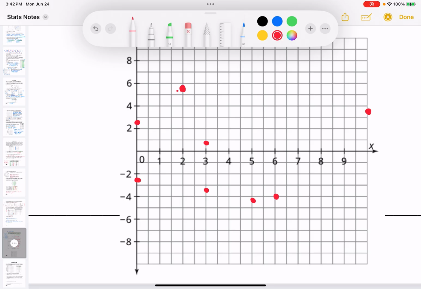And then for 1, we had 2.5 and negative 1.5. And so that's what your residual plot would look like. So that ends the notes on residual effects.